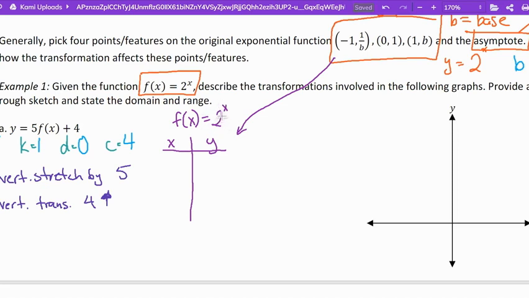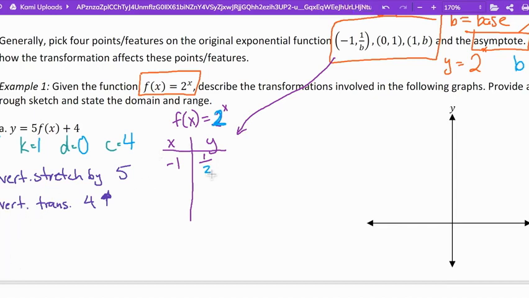The b is the base of the function, the base here under the exponent. So if it's 2, that means my first point is x is negative 1, y is 1 over 2. So I'm taking my 2 and I'm plugging it into this orange box.